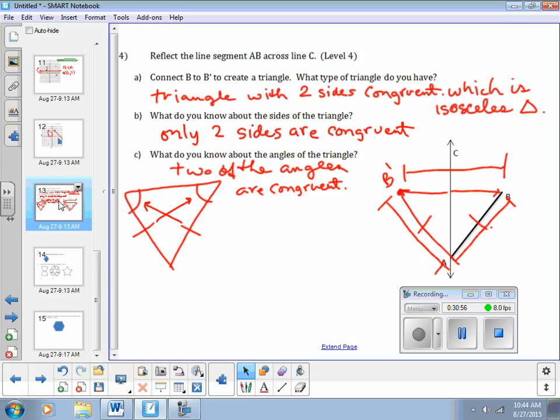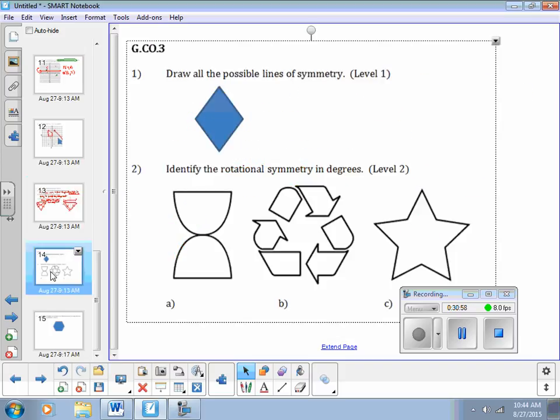All right, draw all possible lines of symmetry. If you only draw that line, that would be wrong. There's another one in the middle going horizontally. Now, do you know how to check to make sure your lines of symmetry are correct?